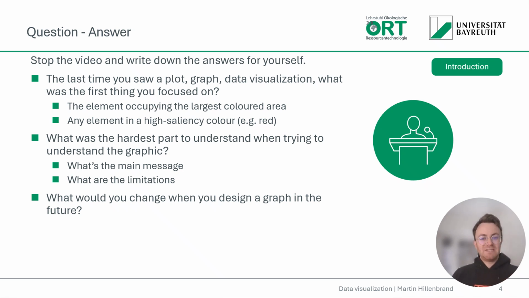If you look at this slide right now, you will notice the big green colorful area with the speaker's desk and the speaker, and you will notice the introduction button. Those are the two main things that often people focus on when they see this slide for the first time. And also, if I would have now something red or another signal color in this slide, people will focus on those signal colors.